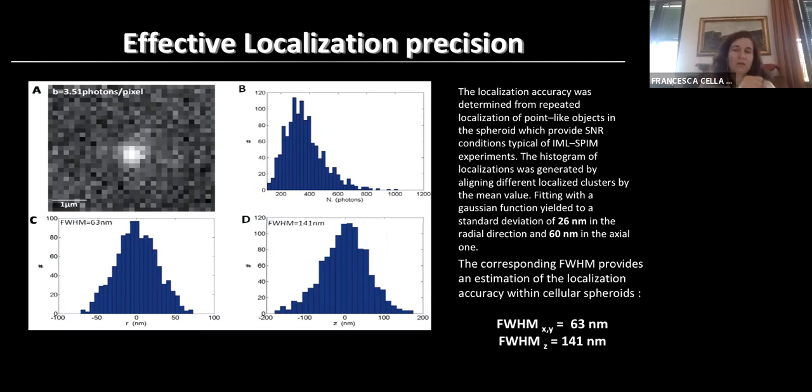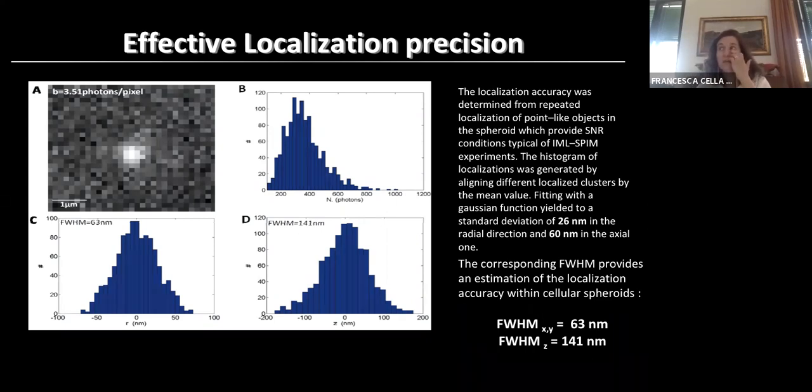The one along the radial direction is around 63 nanometers, and the one along the axial direction is 141 nanometers. So this means a factor of 2 compared to the theoretical localization precision I was mentioning.